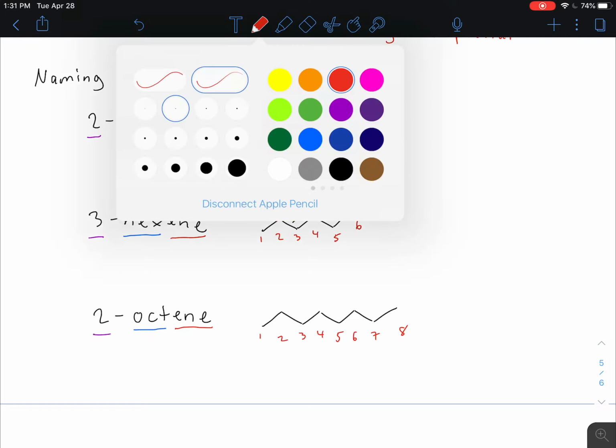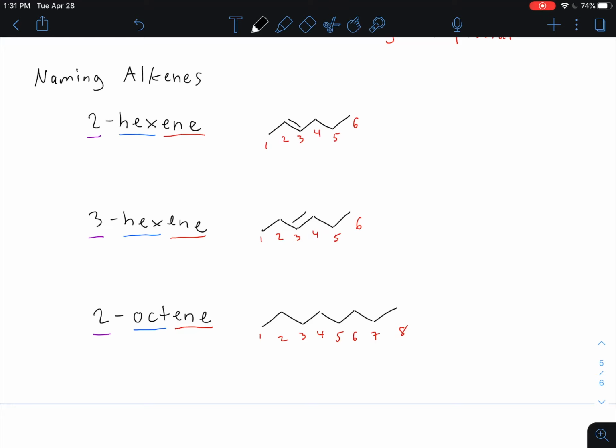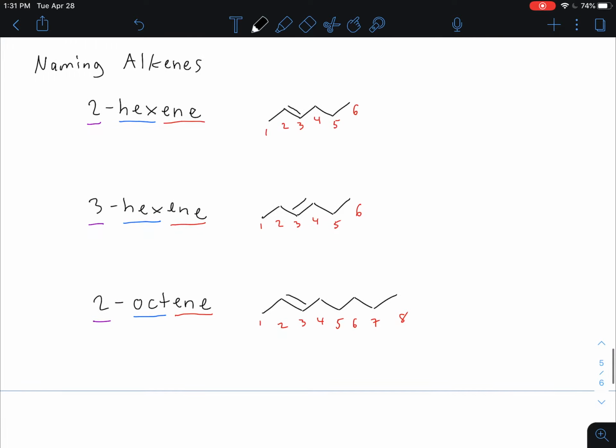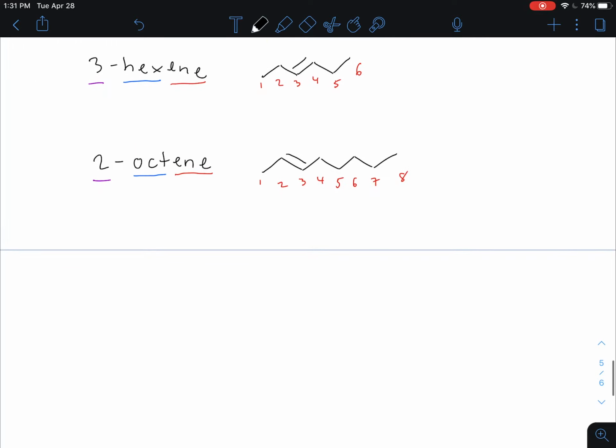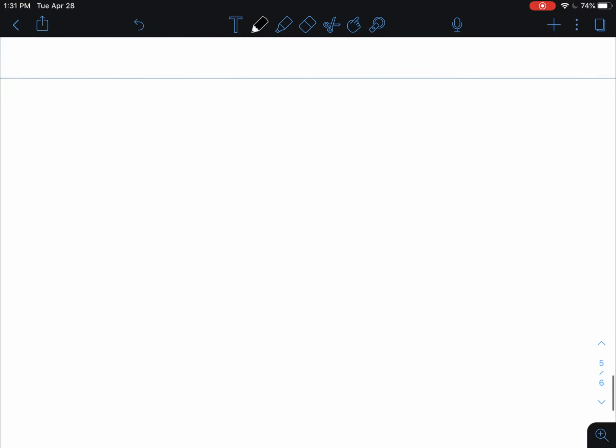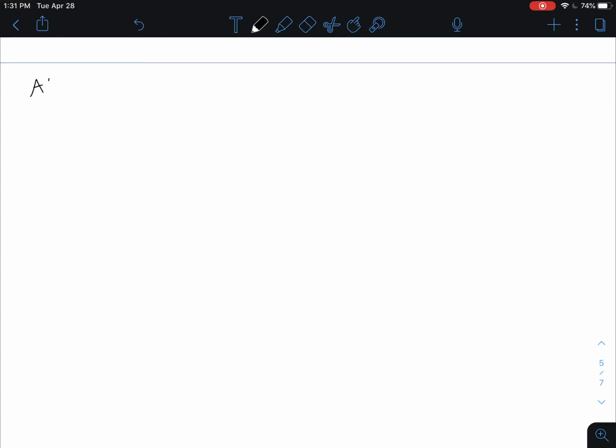If I number these, 1, 2, 3, 4, 5, 6, 7, 8. The double bond is between carbon 2 and carbon 3. So that would be 2-octene.